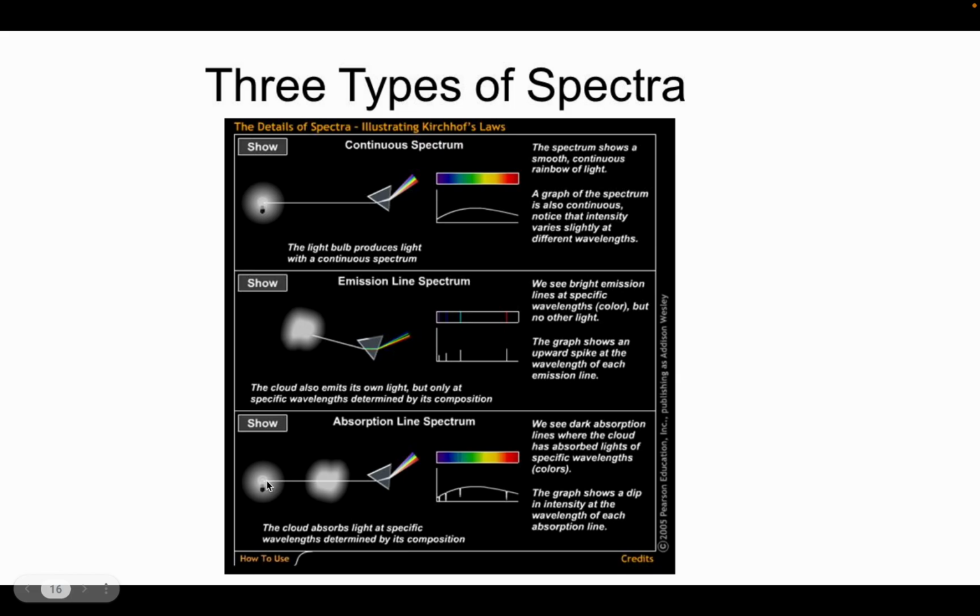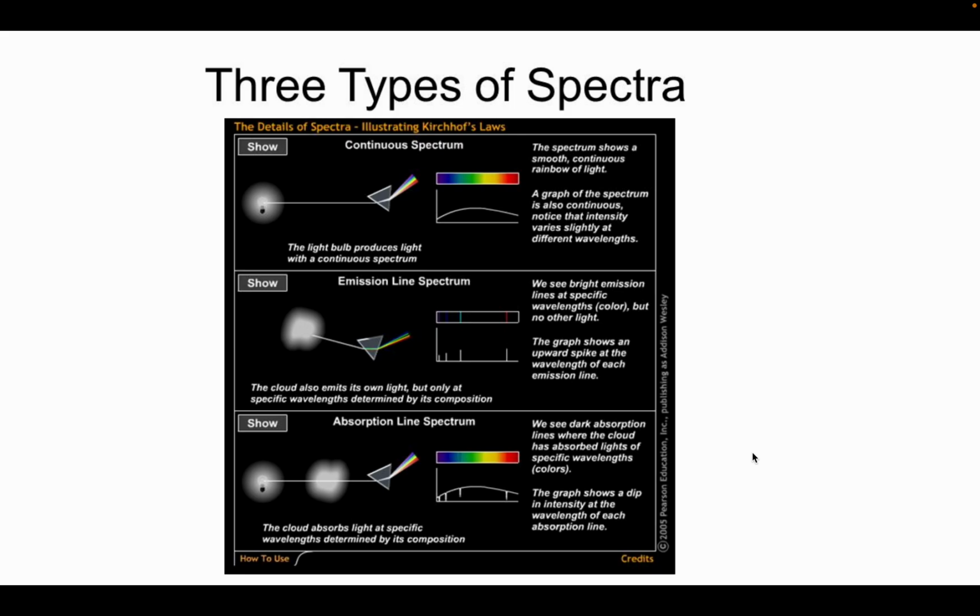So the light coming from this light bulb gets absorbed by this cold gas cloud, and then the wavelengths that remain get passed through the prism and get dispersed. We see the dark absorption lines where the cloud has absorbed light at the specific wavelengths.